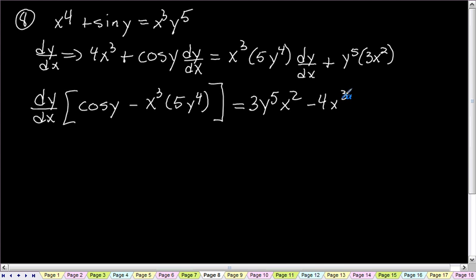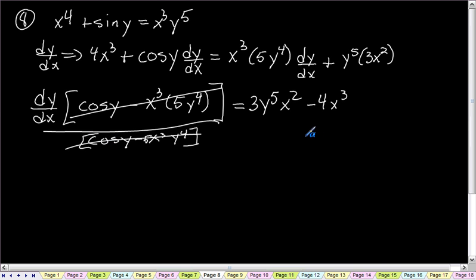Now what we did before, divide both sides by this, so I'm left with cosine of y minus 5x cubed y to the fourth. What I do to one side, I have to do to the other side. This becomes cosine of y minus 5x cubed y to the fourth.